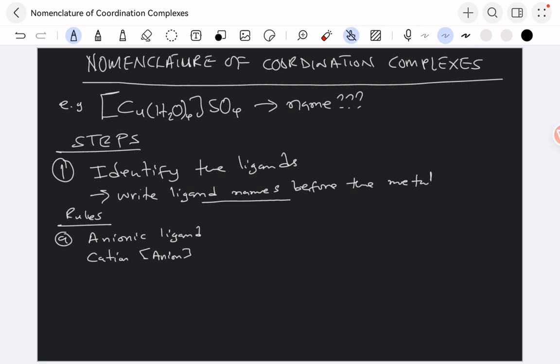When this happens, the ending or the suffix of these ligands ends with O. For example, Cl negative becomes chloro.